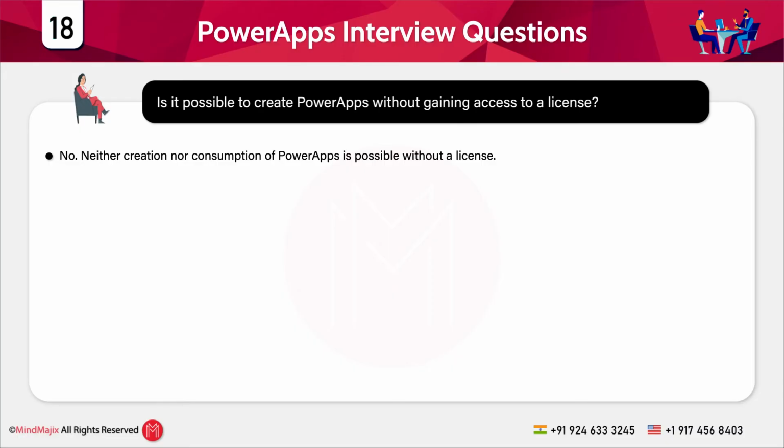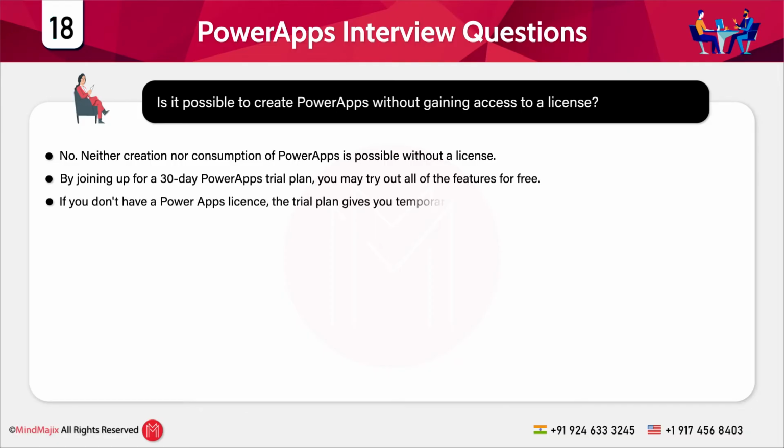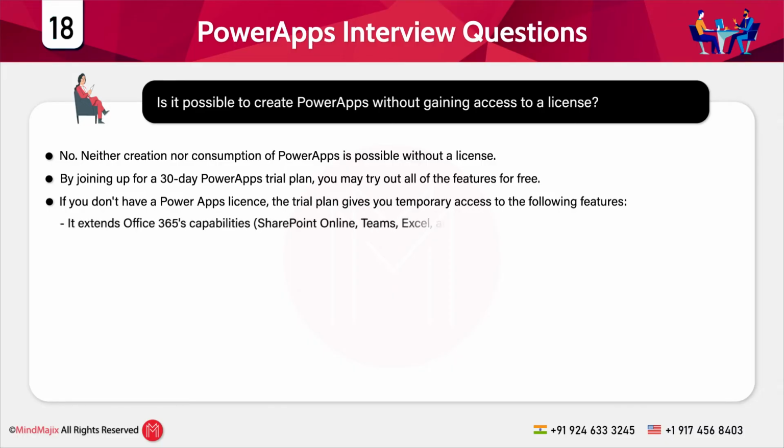By joining up for a 30 days Power Apps trial, you may try out a few of the features for free. If you don't have the Power Apps license, the trial plan gives you temporary access to features such as extending Office 365's capabilities like SharePoint Online, Teams, Excel, and so on.